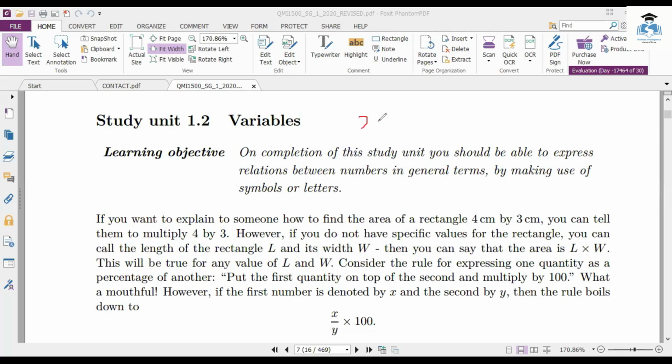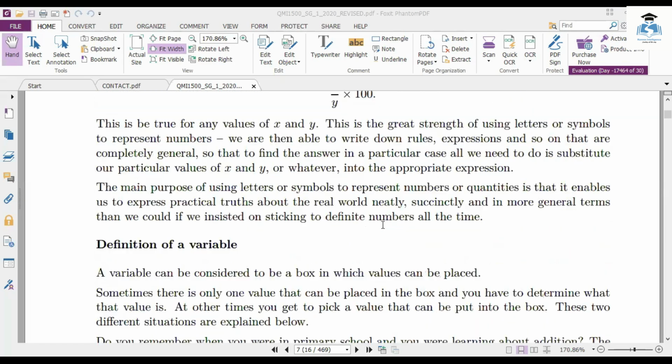You might say X, you might say Y, you might say A, depending on the scenario that you are given. So that name will become a variable. It helps you to identify or get the actual number in the scenario that will be given.